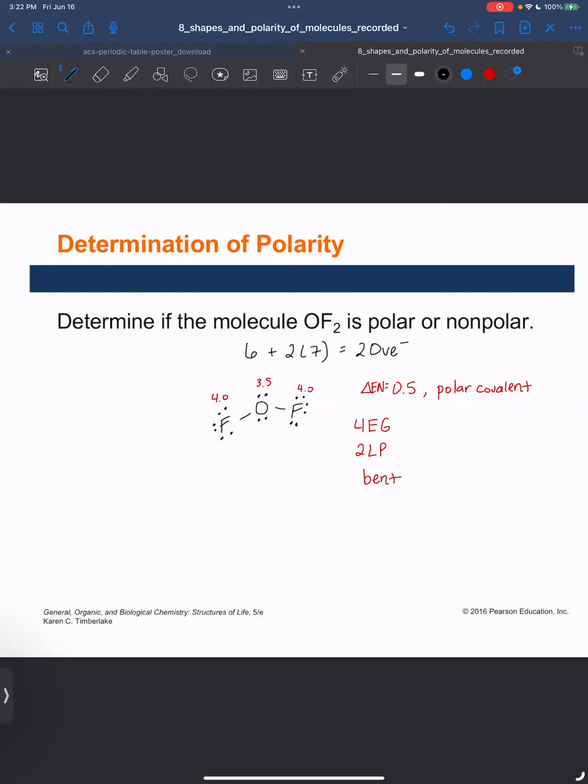So if I draw this structure again, really emphasizing that bent geometry, and then I draw my dipole arrows pointing towards the more electronegative atoms, do those arrows cancel out? No. So the molecule overall is polar.